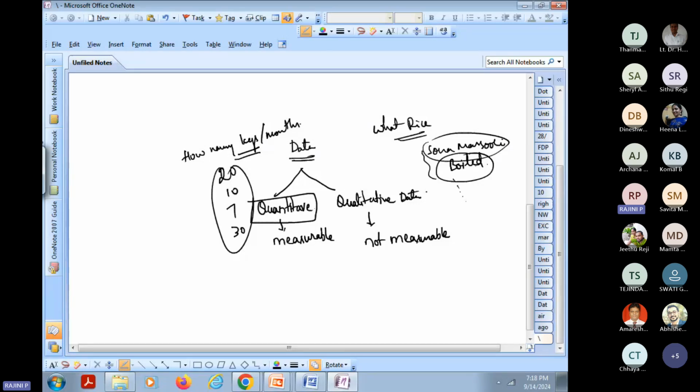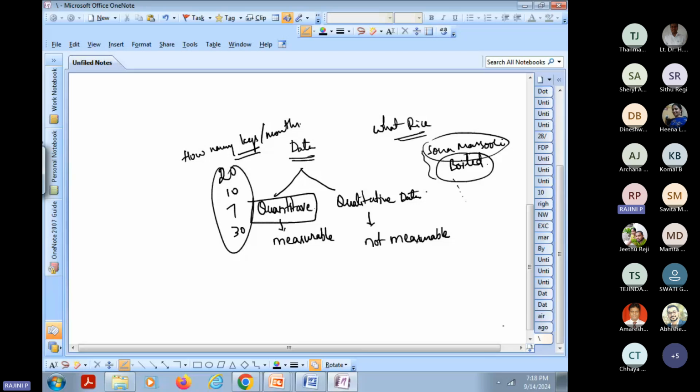So that is called the qualitative data. So remember, a variable which can be measurable is quantitative data, and if the variable is not measurable, that is called qualitative data. So this is what you need to know.